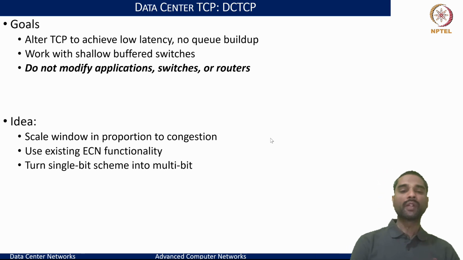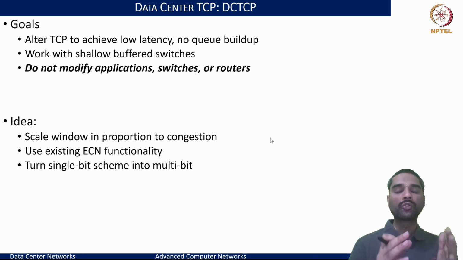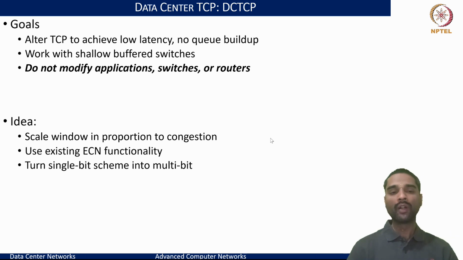And this ECN readily helps ensure that, without even having to experience the packet loss, we could react from the sender side and slow down the number of packets that we send into the network. And this has been seen to work exceptionally well for the internet case.